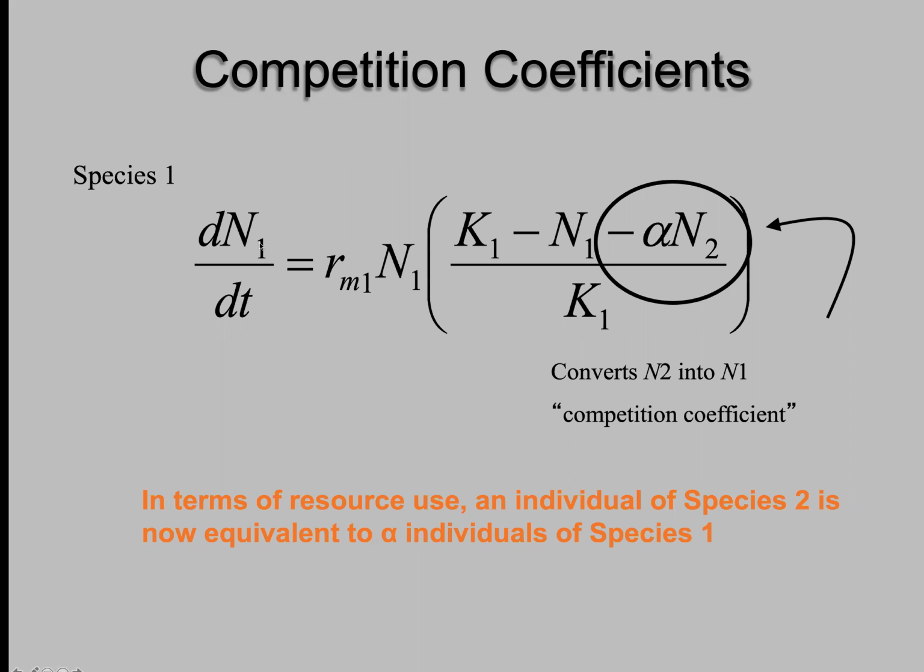But remember, we have 2 species here. So what else do we need to do? Account for species 2. Right, and so how should we do that? We've accounted for them in this first equation, but what else should we do?